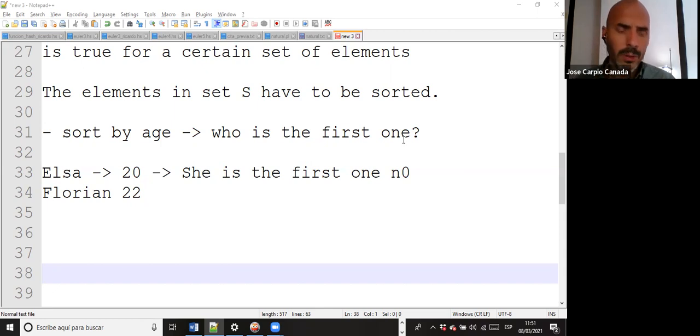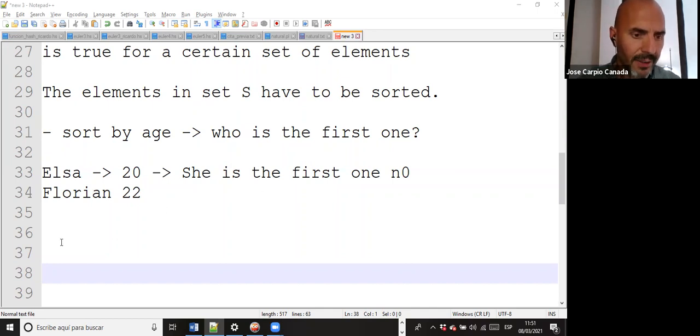If not, it's not possible to apply this idea of induction, okay? It's very important that we find this concept of order in each data type we're going to use. Always pay attention to this order: who is the first one, the second one, and so on. Okay, perfect.